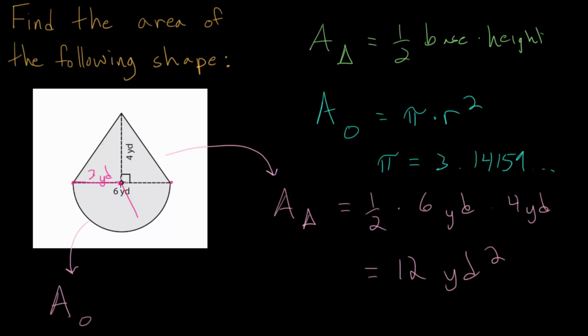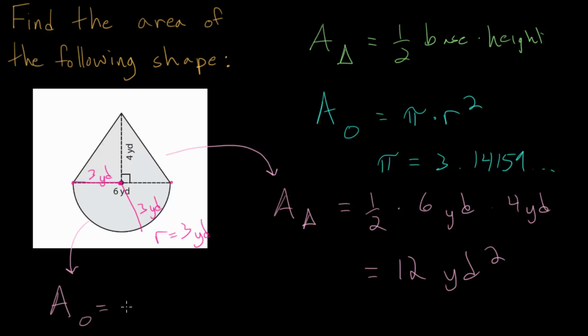The radius is defined as the distance from the center to the edge, so we can draw that anywhere here. This radius would always be 3. You can also notice that it's half of 6 because this diameter is really just composed of 2 different radii. So we can plug that into the formula since now we know that r is 3 yards.